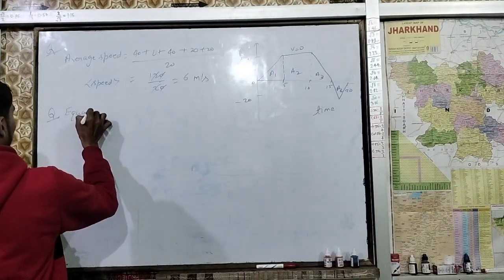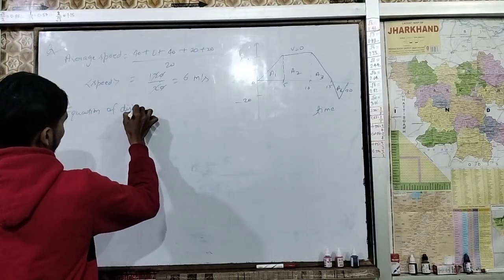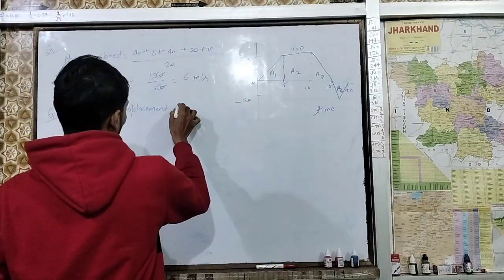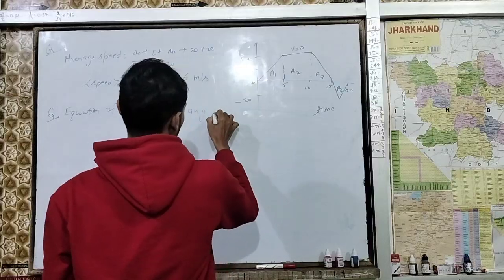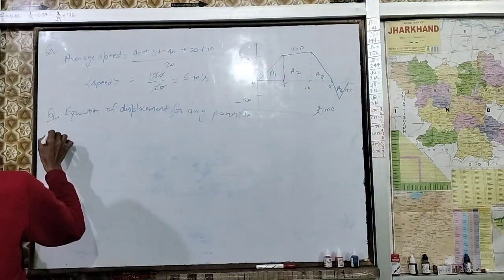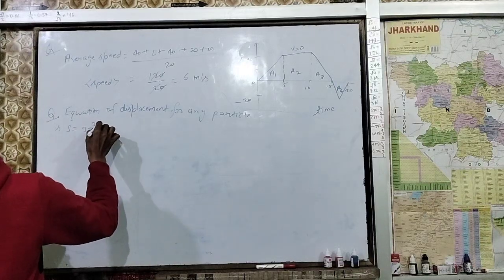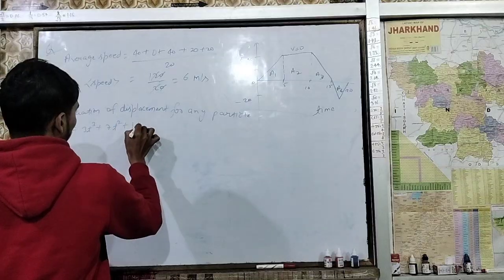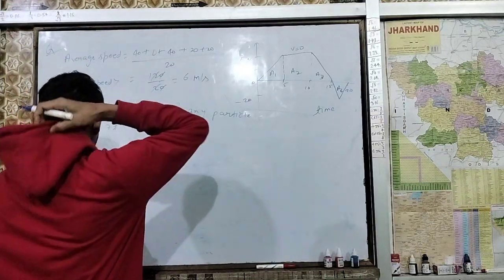Next question. The equation of displacement for any particle is S equal to 3t raised to power 3 plus 7t raised to power 2 plus 14t plus 8 meter.